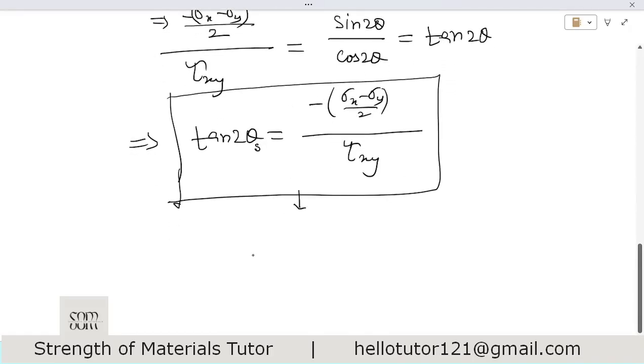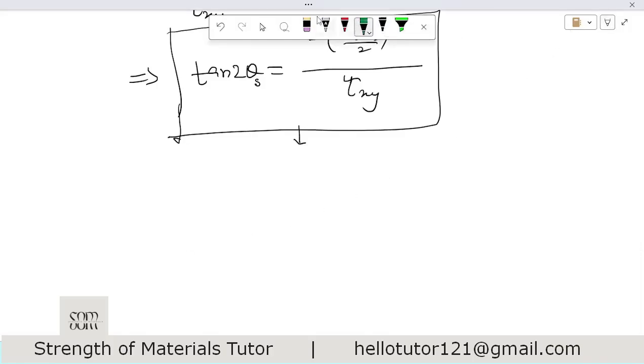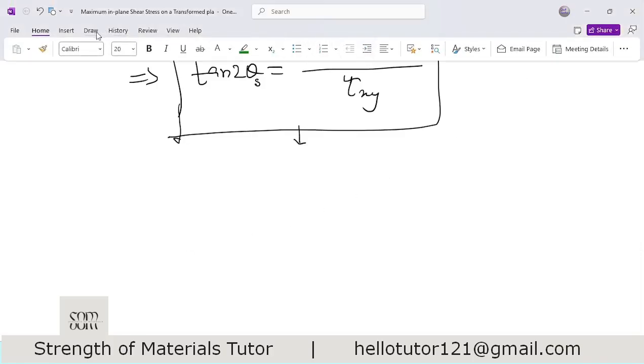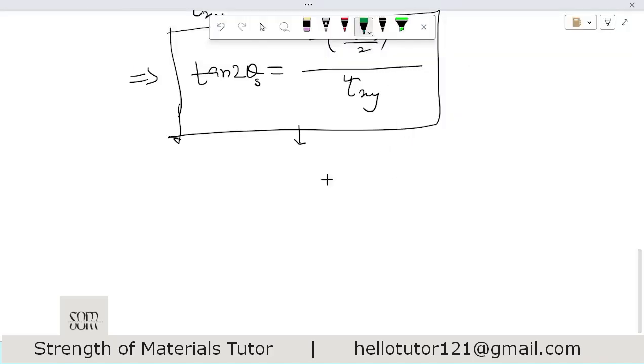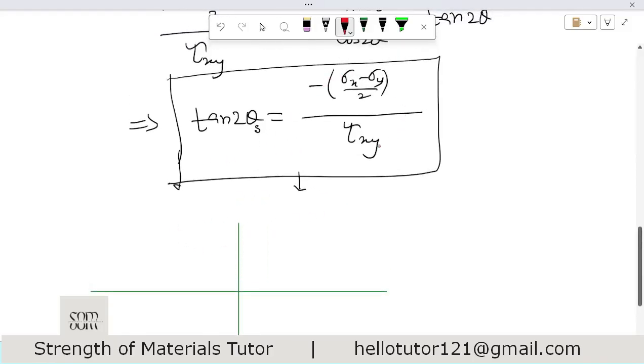So now let us plot this. Let me draw two axes. Now tan 2 theta, you can see this thing is always negative, because in the numerator we have a negative and in the denominator we have a positive.